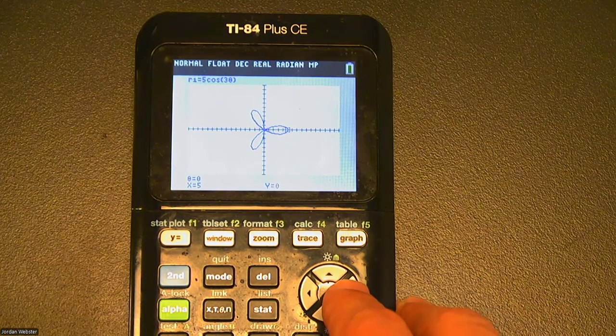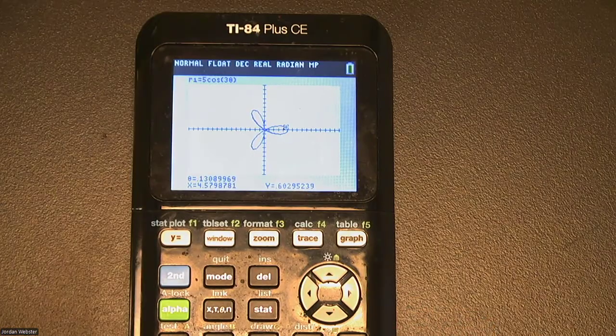When I hit trace, when theta equals 0, I'm at the x value 5 and y value 0. And then my next point that it traces is when theta equals 0.1309 roughly.